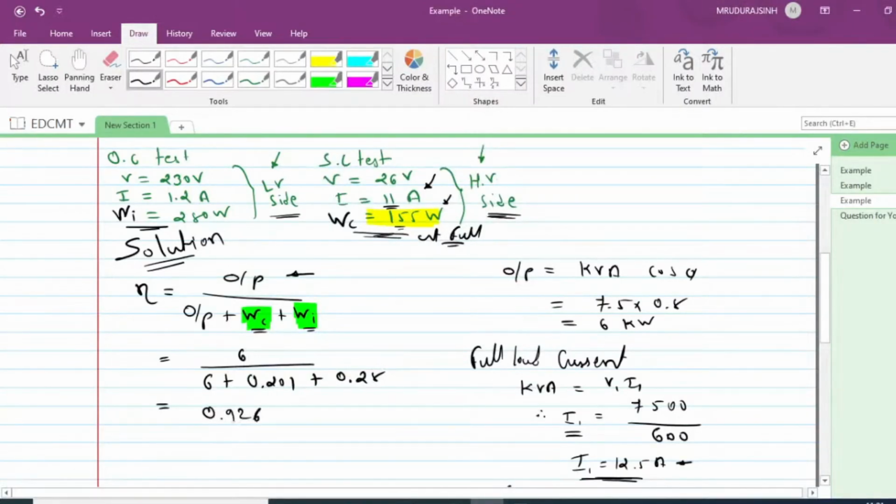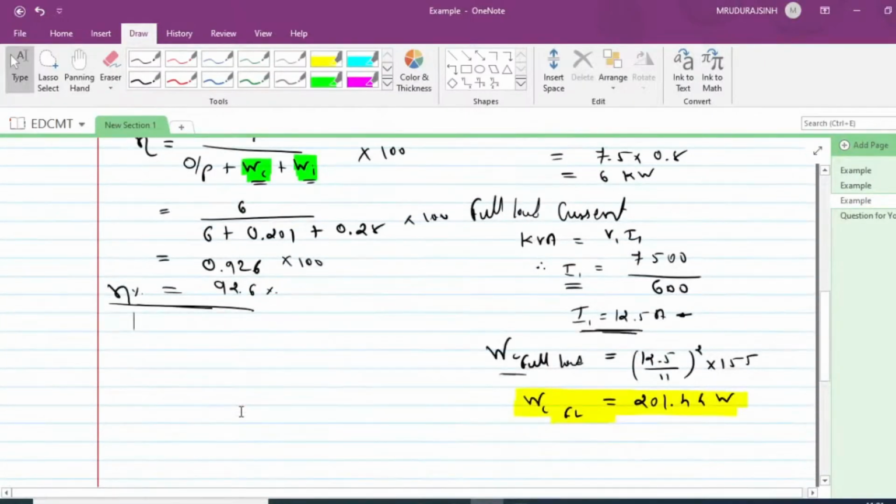And we want to calculate the efficiency in percentage, so we multiply it by 100, and we get percentage efficiency, that is 92.6%. So this is how we can calculate the efficiency.